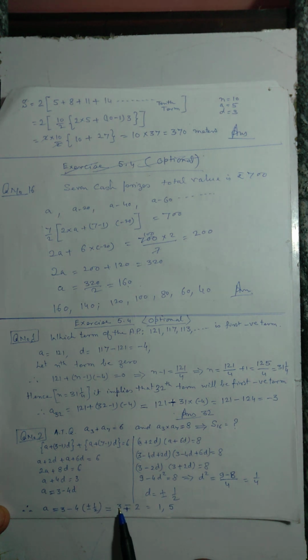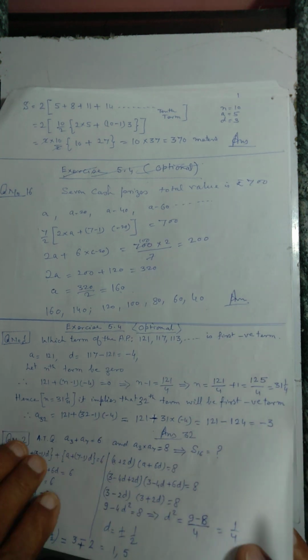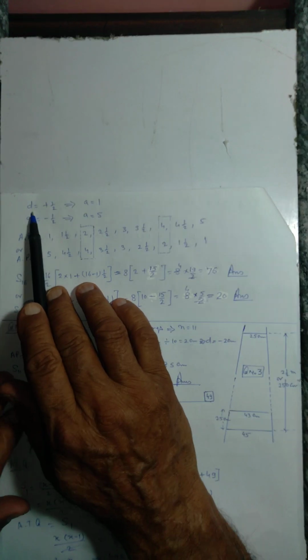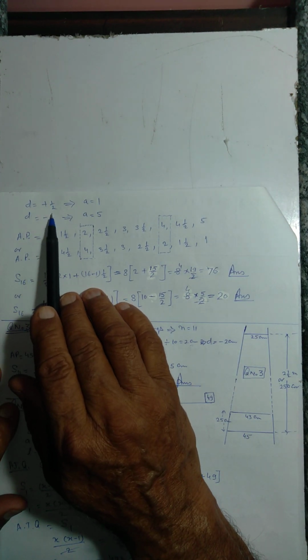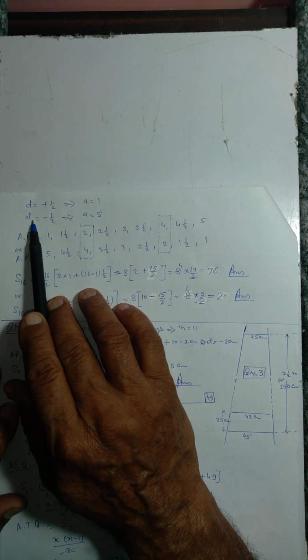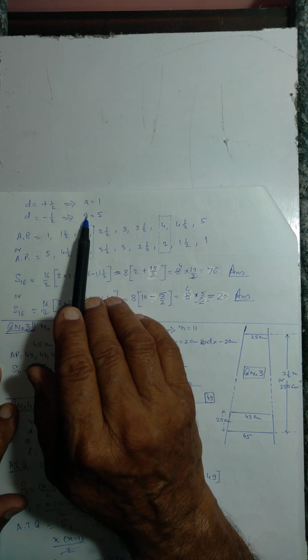So you will get ultimately 3 minus plus 2. Taking the minus sign, A will be equal to 1, while taking the plus sign, it will become 5, that is 3 plus 2 equal to 5. So when the common difference is 1 by 2, A is equal to 1. When the common difference is minus 1 by 2, A is equal to 5.